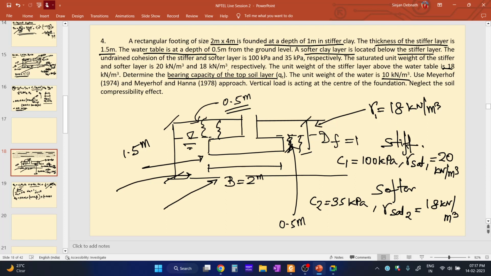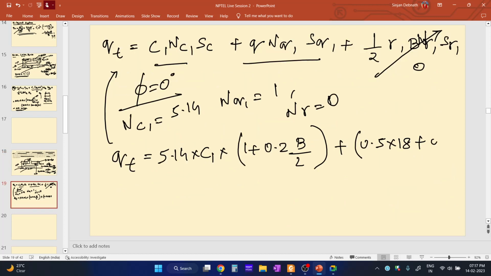The saturated unit weight we know is 20, so 20 minus 10, that is 10. So 0.5 into 10. And the value of NQ is equal to 1 and SQ is also 1.